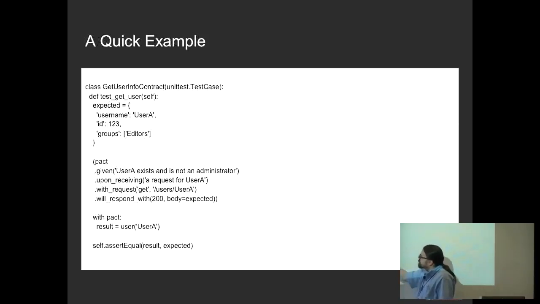Upon receiving a request for user A, with request GET, the provider will respond with a 200 and the expected body. So you define the path, the DSL pact here. And given is usually used to define the setup criteria for the provider.